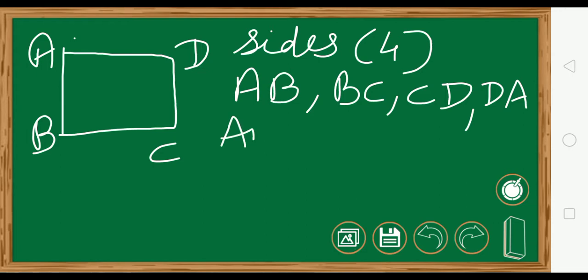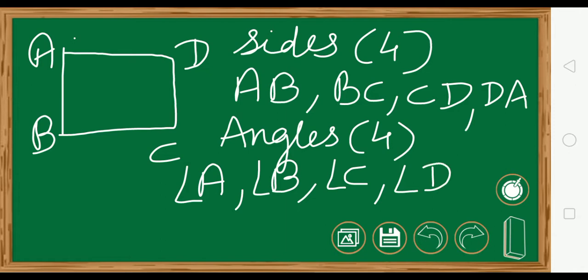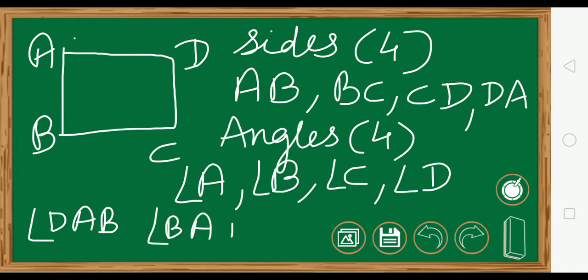Then they have got four angles also. Which are the four angles? We have angle A, angle B, angle C, angle D. Now how to name the angle? Angle A can also be written as angle DAB or angle BAD.